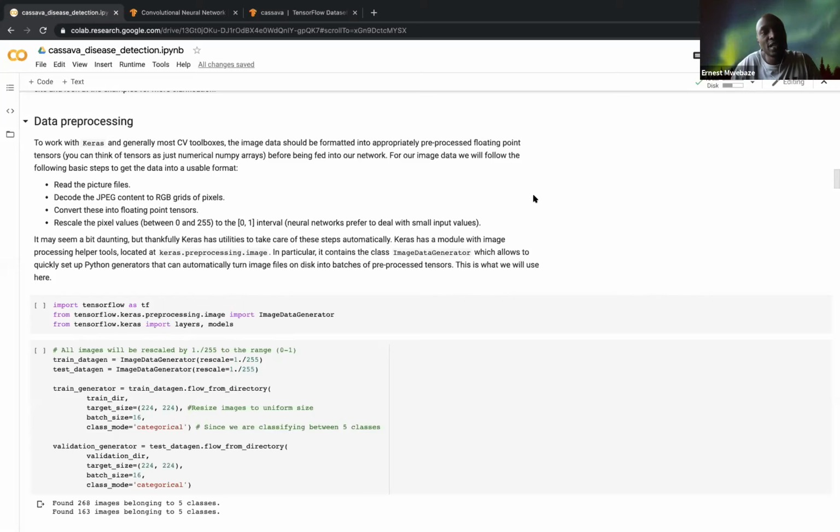Generally, image data is preprocessed. You want routines for reading in images. Maybe the images are in PNG or JPEG or different compression formats, so you want to be able to decode that into component pixels.